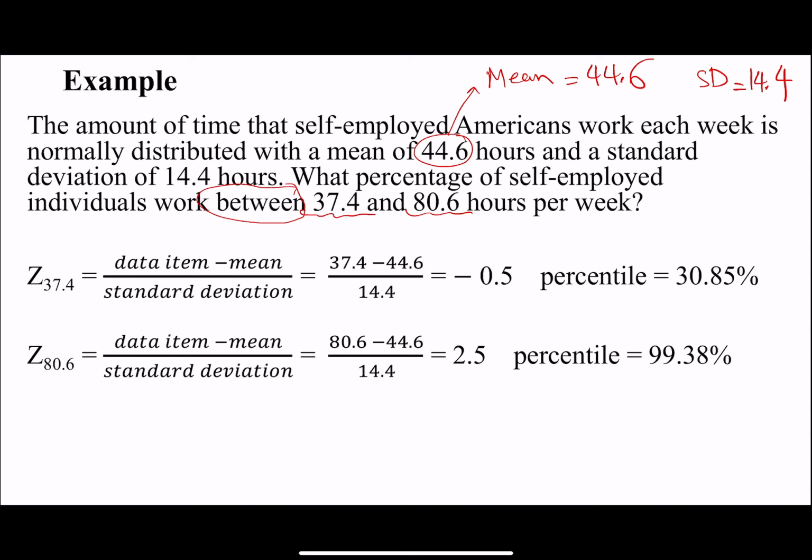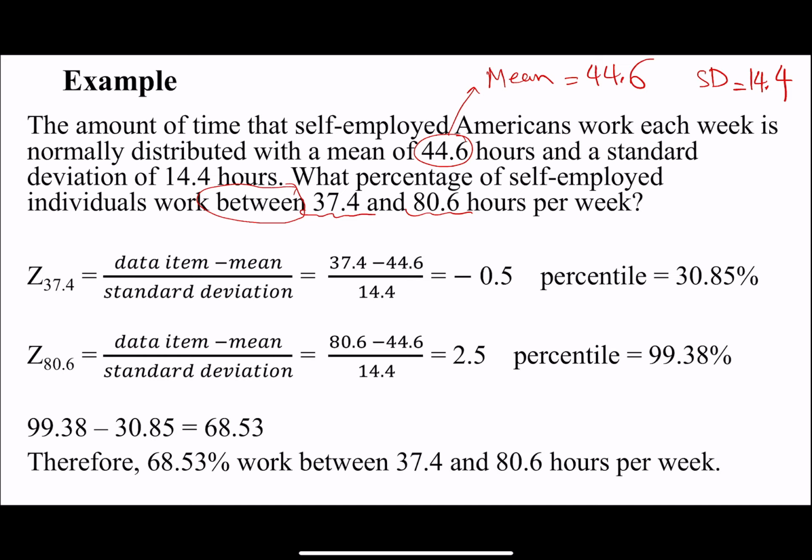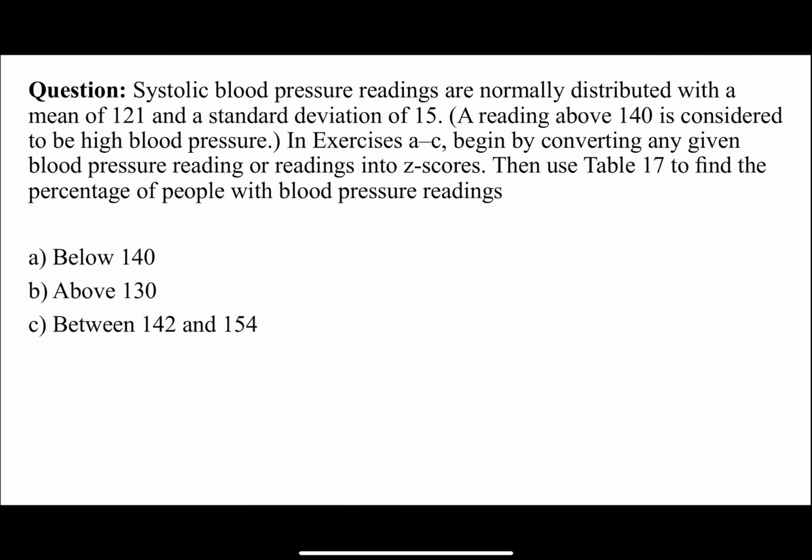When you have the percentile values, just subtract them. Okay, so 99.38 minus 30.85 is 68.53. So around 68.53% work between 37.4 hours and 80.6 hours per week. Okay, here we go.